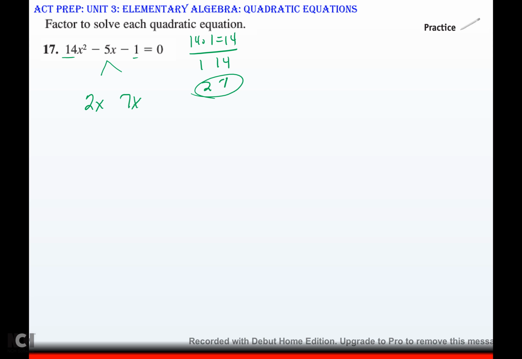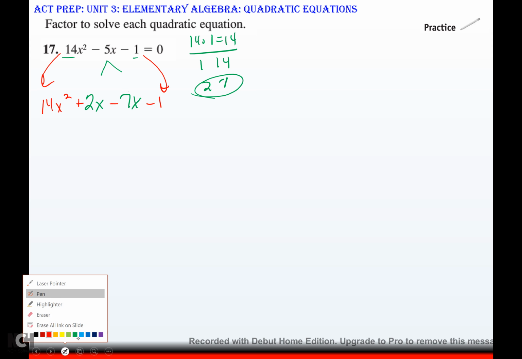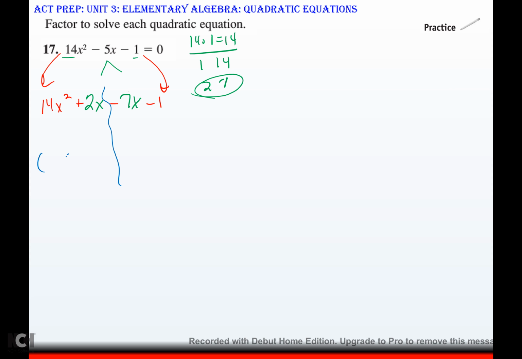C will tell you the sign. Since C is negative, they have to be opposite, and the bully takes the middle. So 7x takes the minus, which means 2x takes the plus, and first and last drop. Now we've made 4 terms, so we can go 2 by 2, GCF, GCF, GCF again.